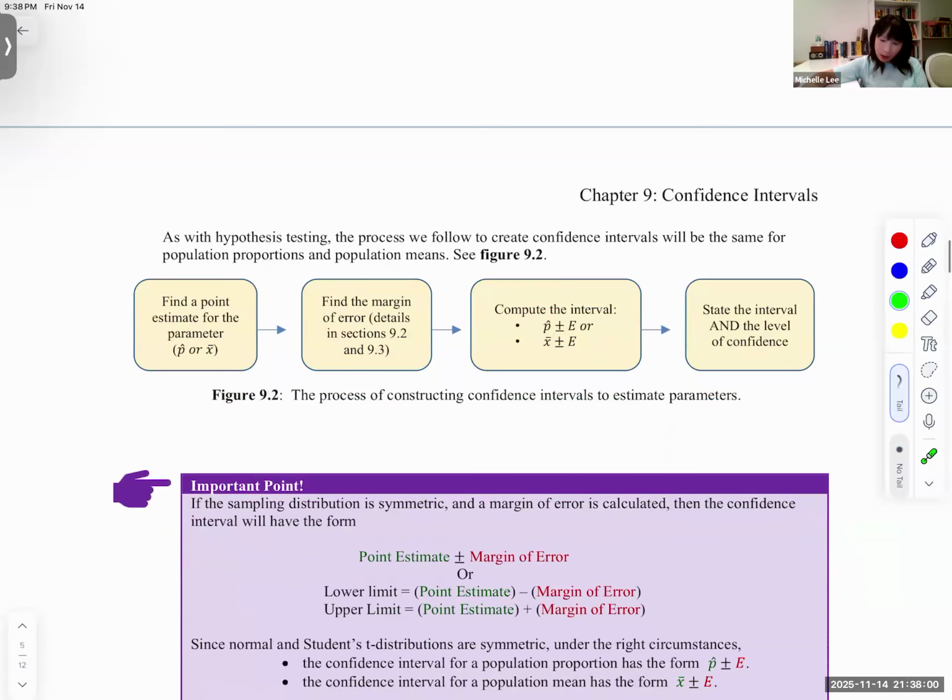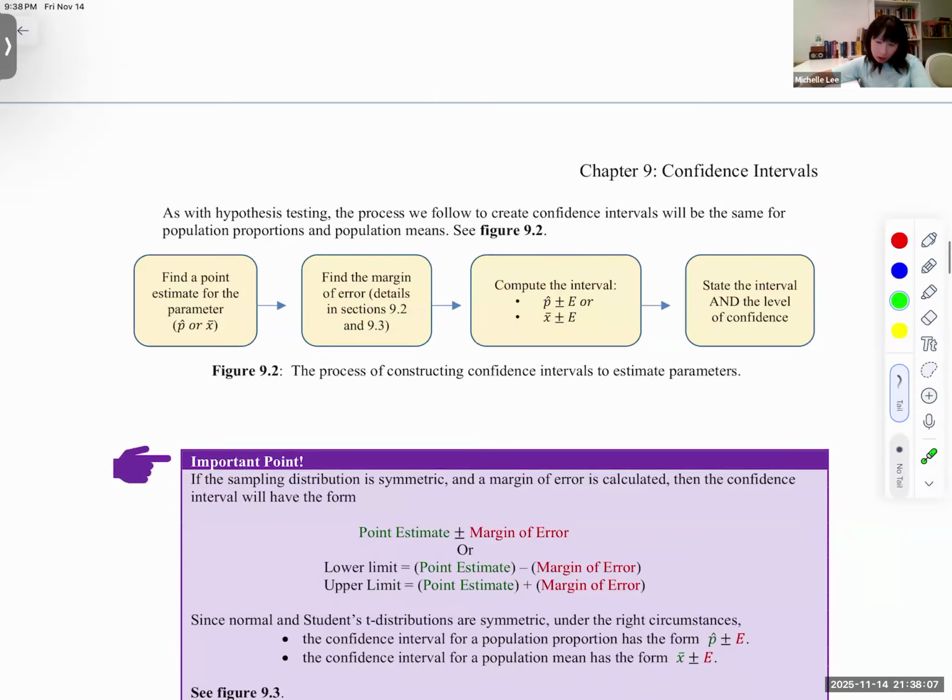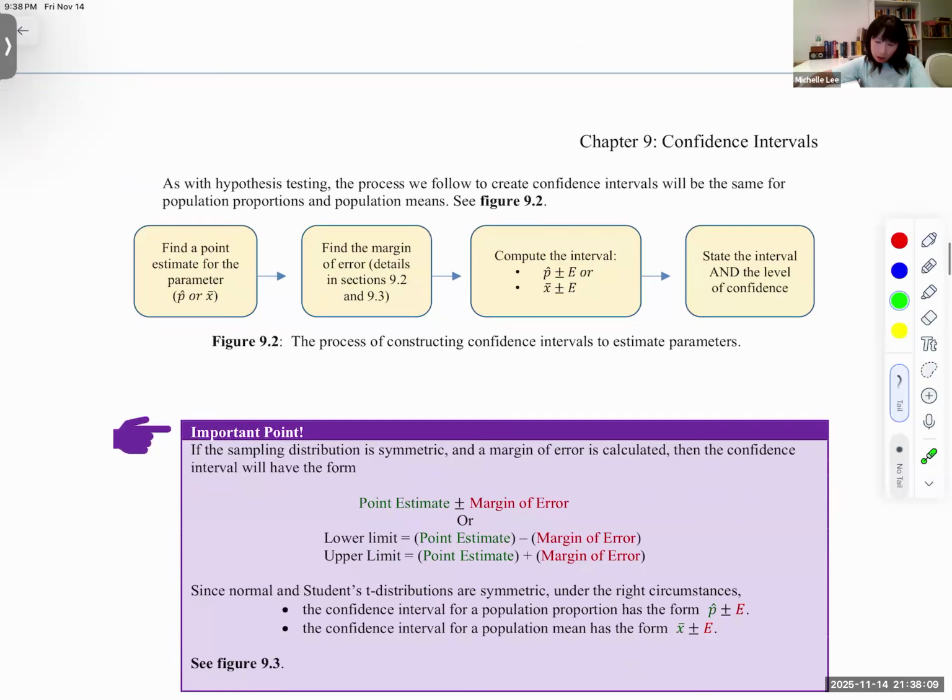Okay. We want to create a confidence interval. So first we want to find the point estimate. Then we want to find the margin of error. We're going to learn that in sections 9.2 and 9.3.